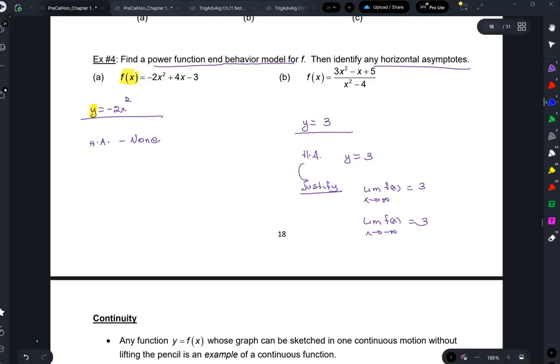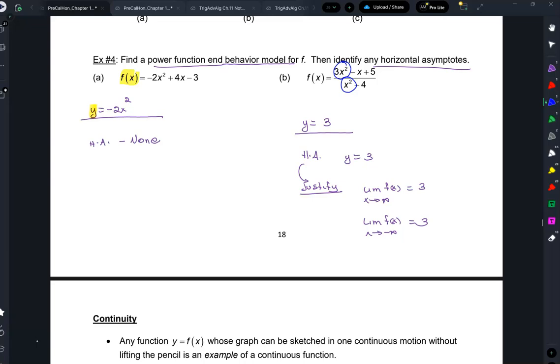We take the leading term, and when the powers are the same, you just take the ratio of the coefficients. So for limits at infinity, you take the leading term only. You would have factored if you were looking for vertical asymptotes, which is not what we're doing here, right?